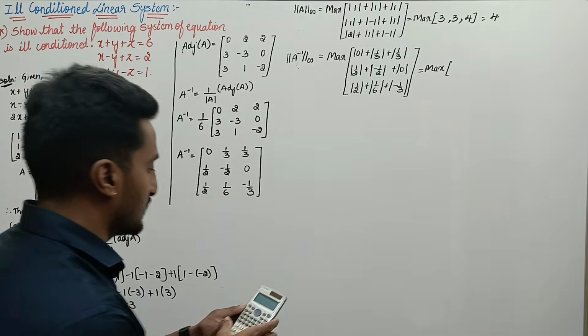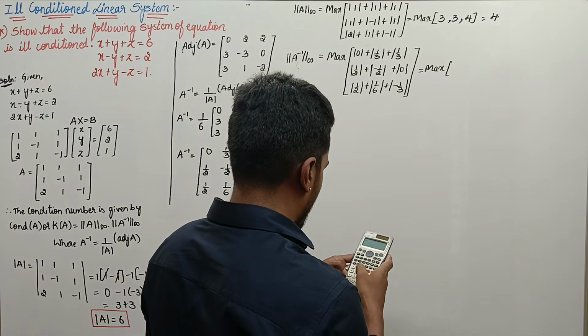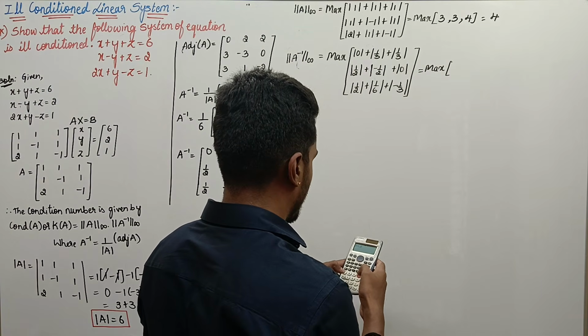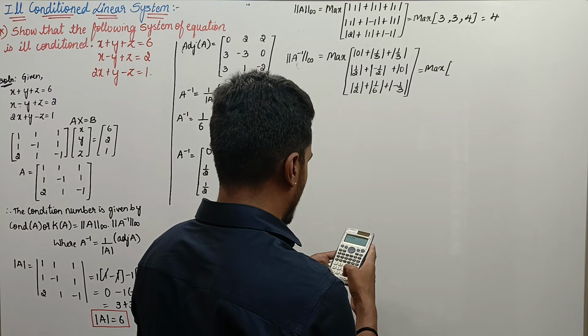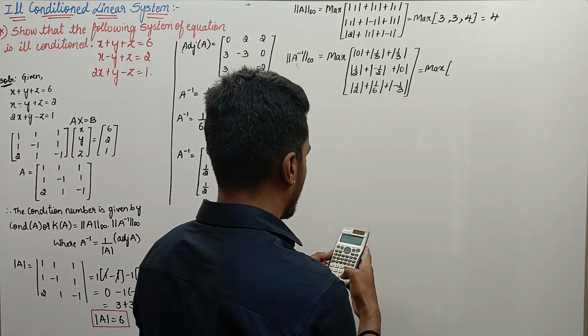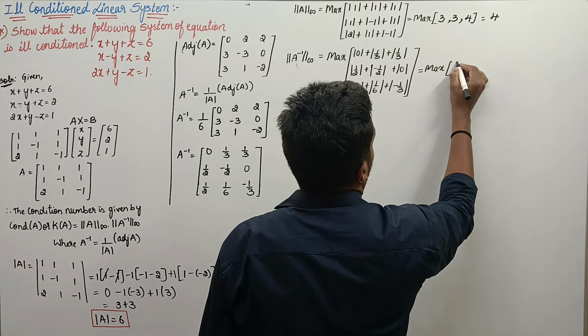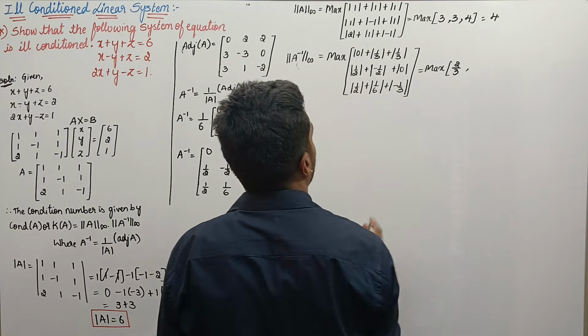Okay, done. That is 0 plus 1 divided by 3 plus 1 divided by 3, you get 2 by 3. First row value is 2 by 3.